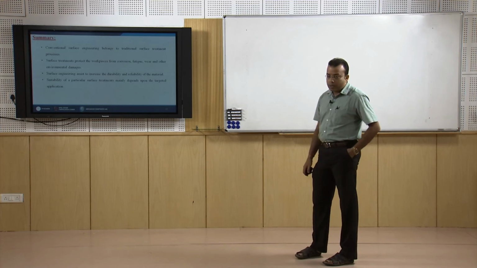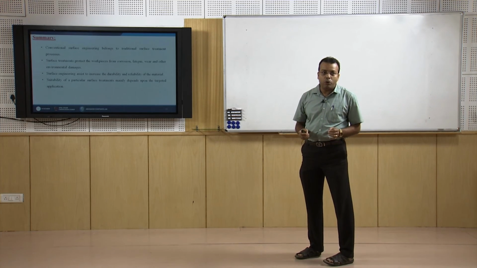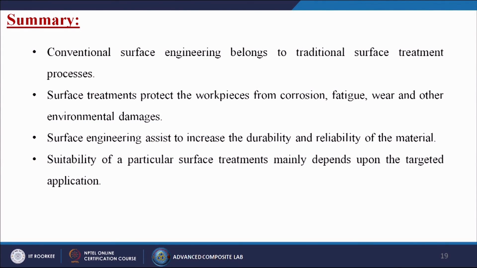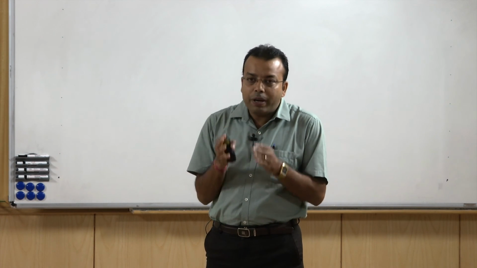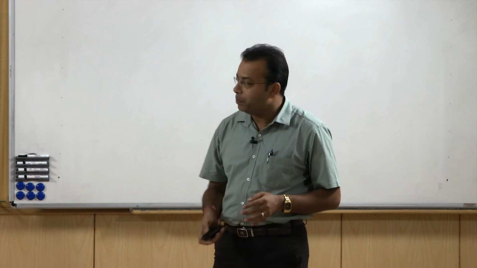In the next slide we can summarize our whole lecture. First, conventional surface engineering belongs to traditional surface treatment processes. Surface treatments protect the workpiece from corrosion, fatigue, wear and other environmental damage. Simply put, against outer attack, surface engineering will protect our material properties.